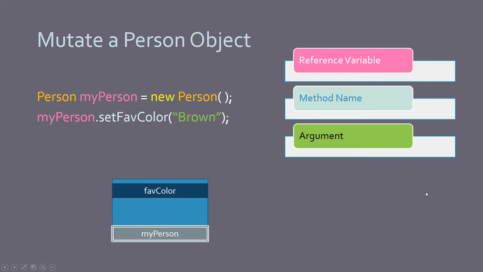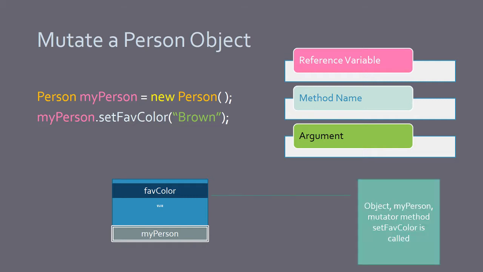Now, our first line of code created our myPerson memory space and our favoriteColor variable inside our person. And remember, it left it blank or null. The next line of code then is going to execute the setFavoriteColor method in our class, passing a parameter value of brown, and we're going to use that in our class to update that favorite color value.